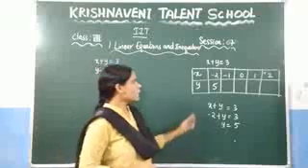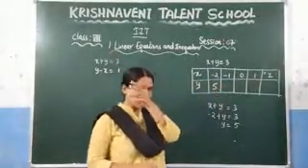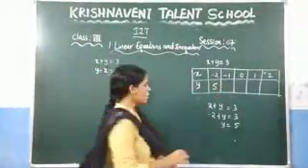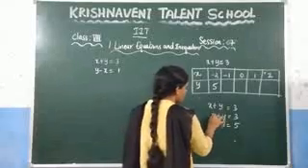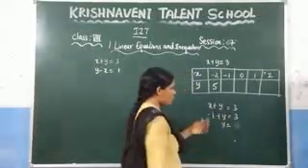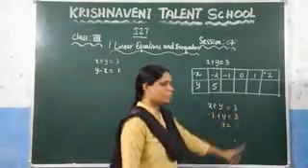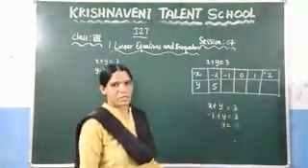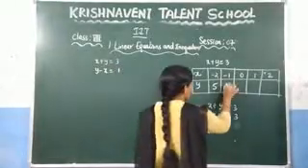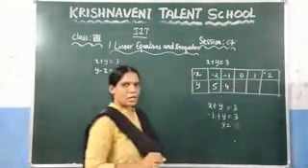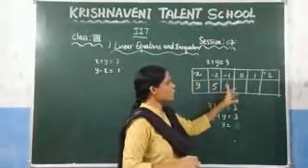Like that, consider x is equal to minus 1. In place of x we are keeping minus 1. If you take this minus 1 to the other side, it becomes plus 1, and you get the value 4. Now let us put the x value as 0.